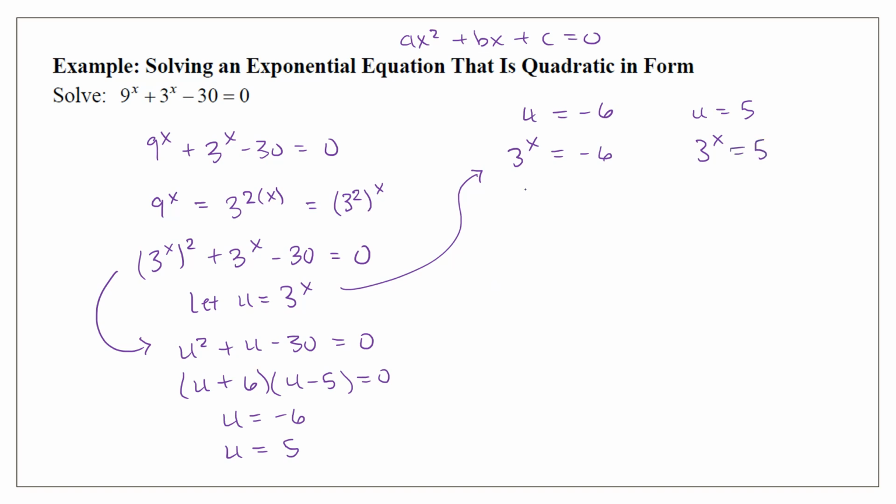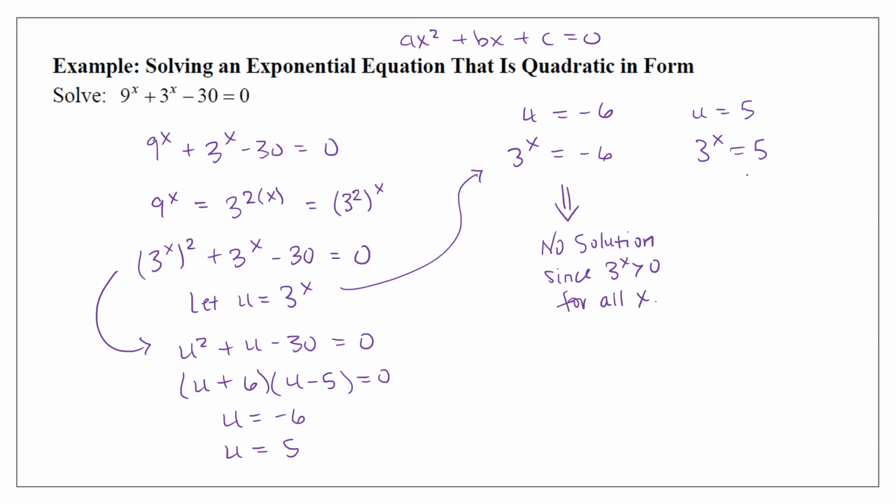Okay. Now 3 to the power x equals negative 6 has no solution, since 3 to the x is greater than 0 for all x. Remember, that's a requirement.